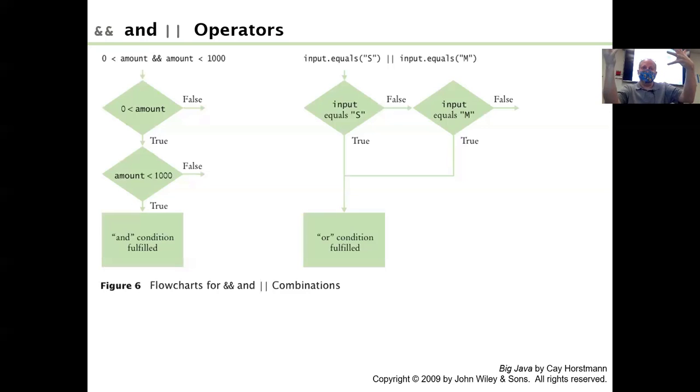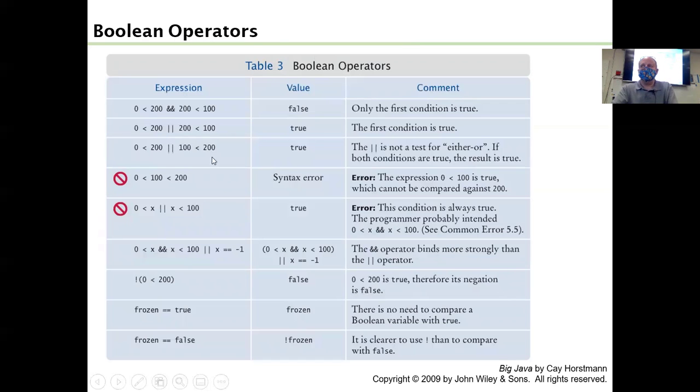Well, the sun is yellow, so that overrides this being false, and the whole expression evaluates to true if you have an or operator. So I kind of like doing them in English rather than just thinking them in logic. Helps me understand. So we're going to take a look at some of these Boolean expressions and see what we come up with.